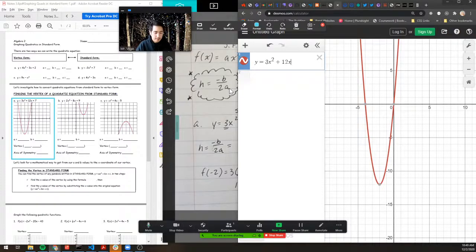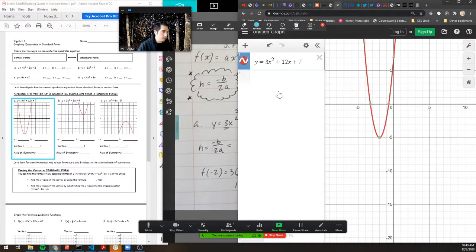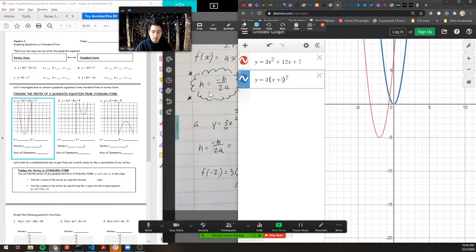In vertex form, we wrote y equals still 3, times x plus 2, squared, and then minus 5. Notice how the blue one is the exact same thing where the red one was. So we know these are the same graph, just different equations, different ways to see the same thing. And of course, the vertex is at negative 2, negative 5.